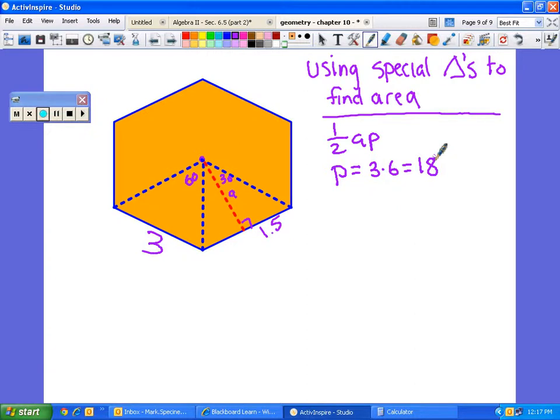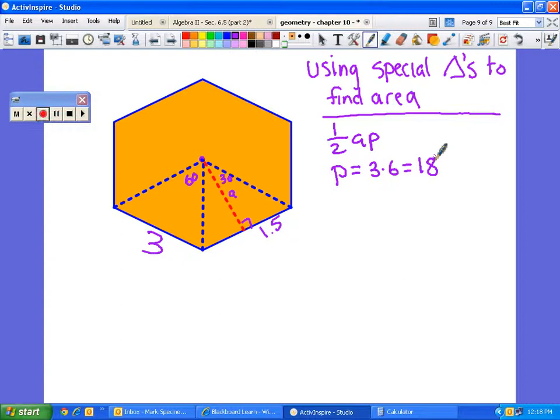Okay, now, wait, I have a question. Where'd you get the 6? 6 sides in a hexagon. Oh, never mind. What we don't know is the length of the apothem. But we do know something about this triangle.